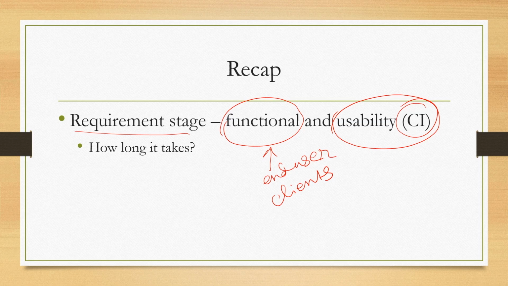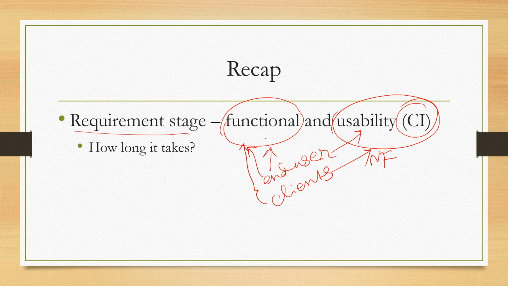So, based on the requirements, we have to decide on functional and non-functional requirements. Usability requirements primarily come from end users. Some other non-functional requirements may come from clients, and functional requirements also may come from both client and end users.